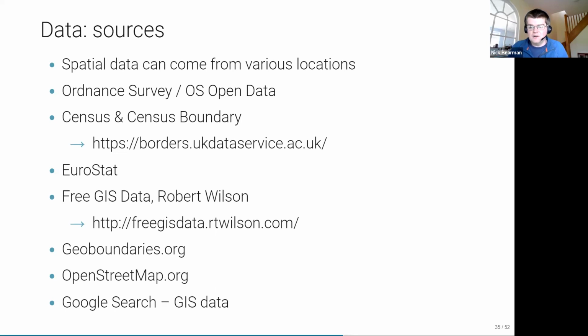Outside that, Eurostat is a really good resource for European level data, predominantly EU, but not exclusively. And there's various other lists as well. So Free GIS Data is a great site for finding data. GeoBoundaries is a good source for administrative boundaries for any country in the world. OpenStreetMap is another useful source as well. And you can also do a Google search, so there is lots of data out there.